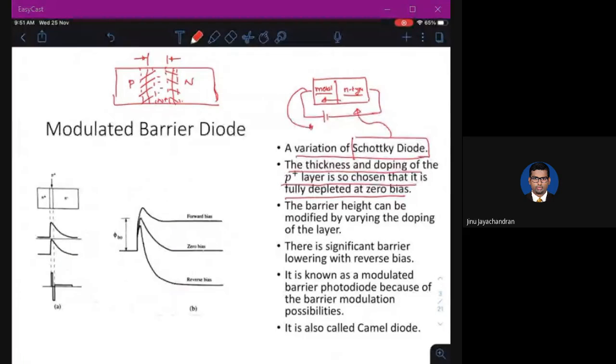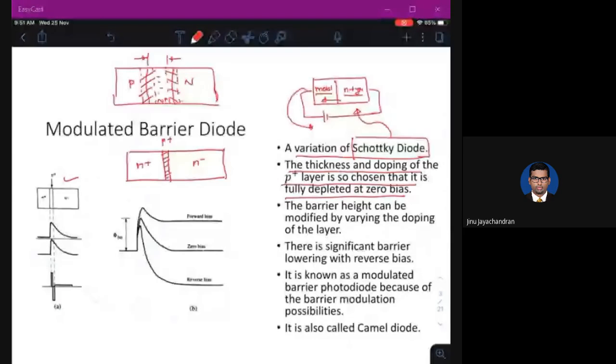Now, if I make a semiconductor in which the central layer is completely depleted, that is what is shown here. You have a material in which there is a small P plus region, and there is an N plus and N minus region at both of the ends. Because of this construction, the P plus layer is completely depleted.